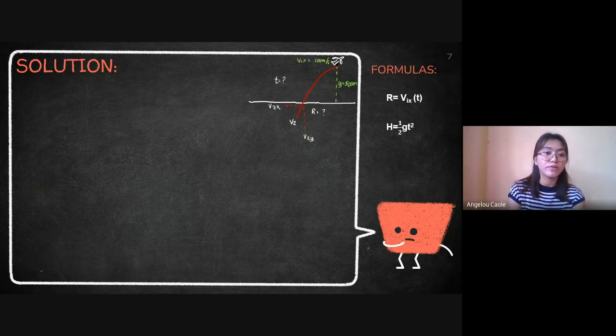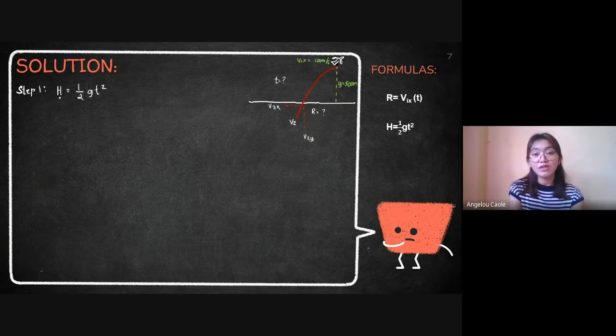and then we can substitute the value of time after getting it through this equation. For step 1, compute the value of time using this equation, h is equal to 1/2 gt squared. Since we have 500 meters as the value of height, and of course, acceleration due to gravity is constant, which is 9.8 meters per second squared, we are going to manipulate this formula in order to derive the equation of time.